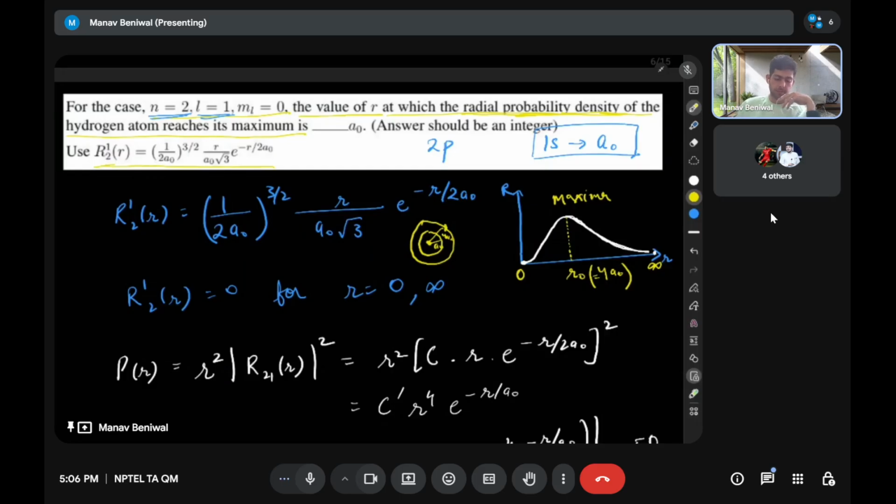That is what this problem gives us, which also makes some sense, right? Because the second orbital is a little far from our nucleus. So for the first orbital, if it is a naught, then for the second one it should be higher than a naught, and it generally varies as n squared, right? So it goes to 4 a naught.